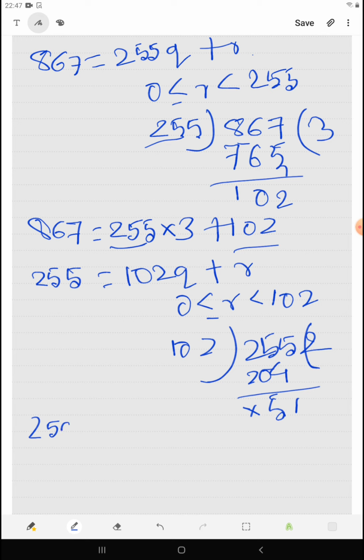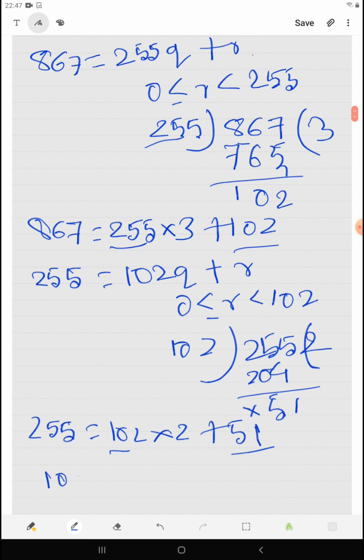So 255 equals 102 into 2 plus 51. So we have got q as 2, r is 51. So still we didn't get remainder as 0. So again we will go for next step.